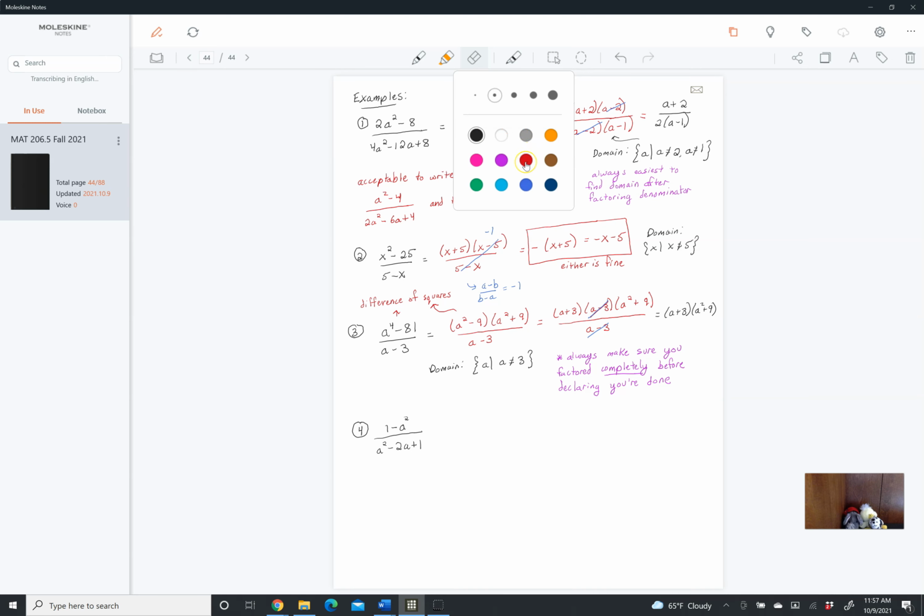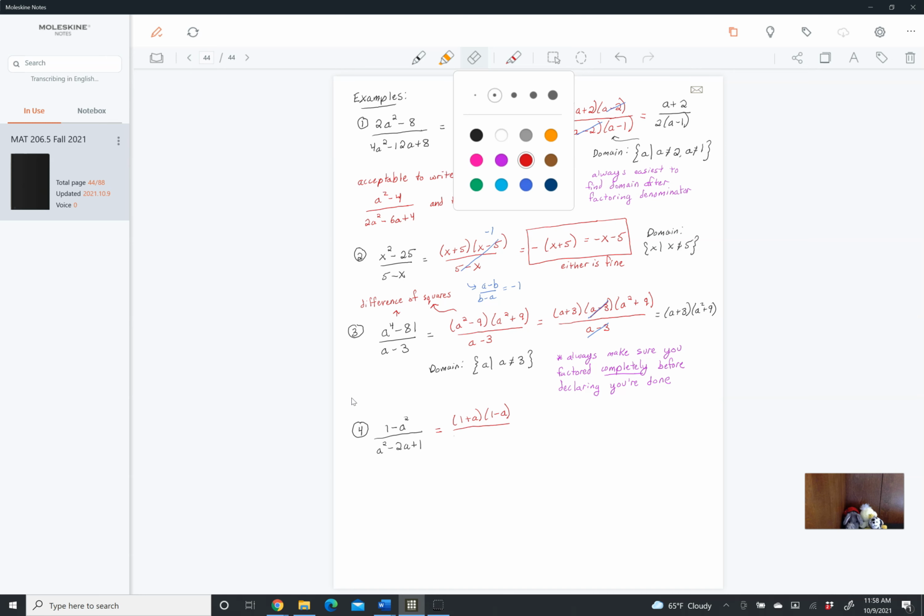Okay. So certainly we see a quadratic here, so we're going to try and factor that. We also see a difference of squares. 1 minus a squared is a difference of squares. 1 is a perfect square, a squared is a perfect square. So that can be factored to 1 plus a times 1 minus a.